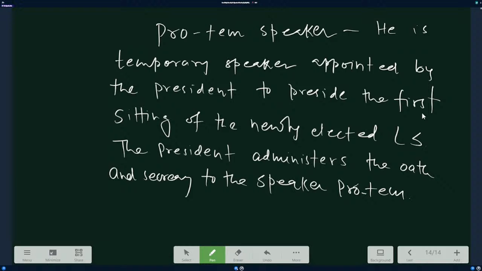He also administers the oath and secrecy to the new members of the Lok Sabha, and he also enables the House to elect the new Speaker.